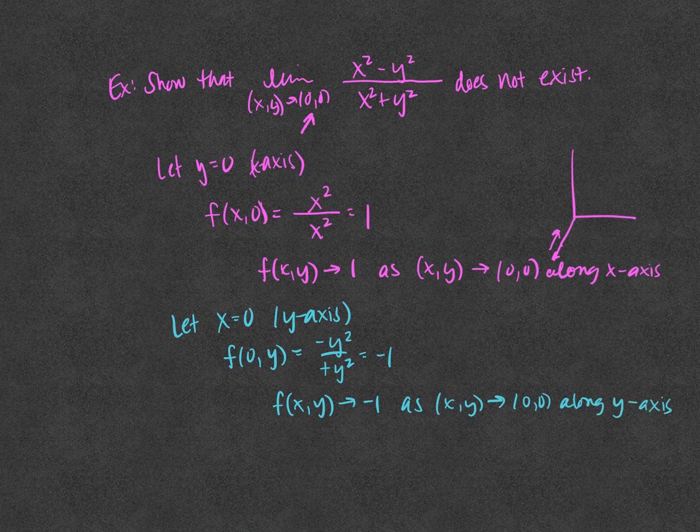Now you can clearly see that these do not have the same value. And so as we travel the x-axis, we get a different value than if we travel the y-axis. We're traveling the y-axis this way.